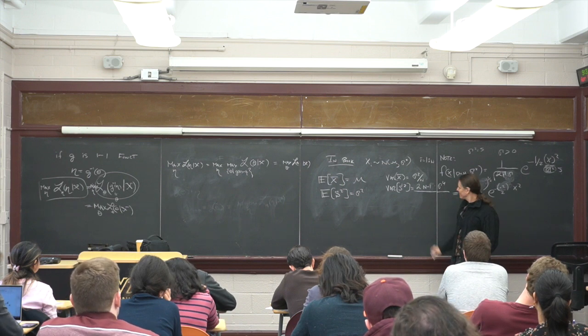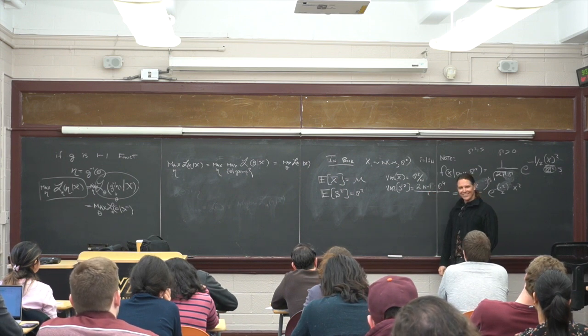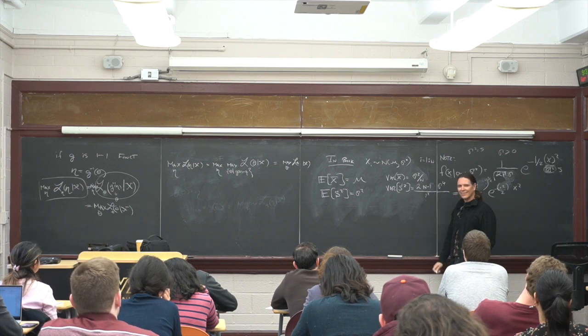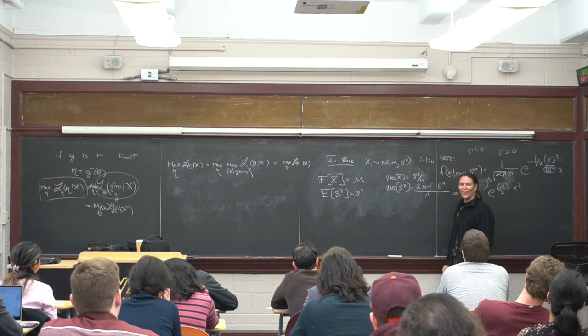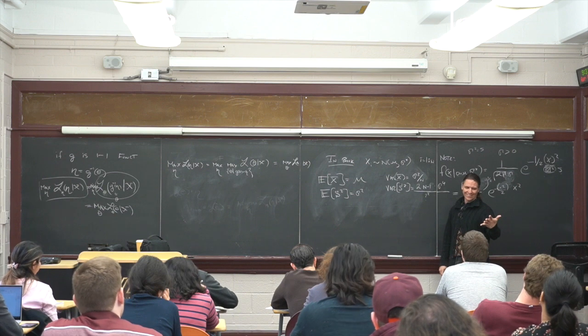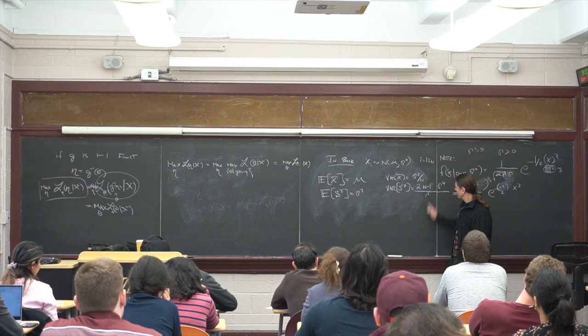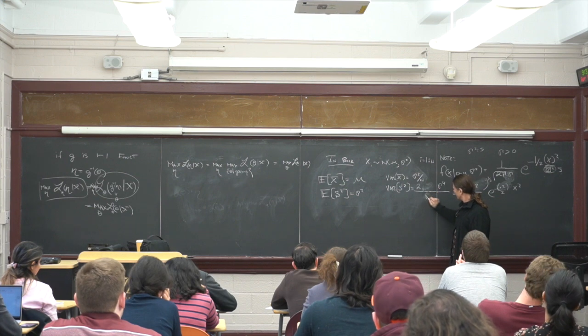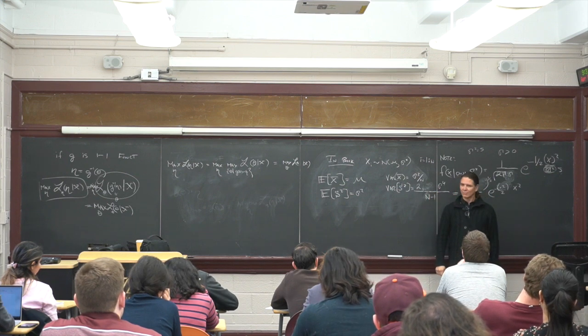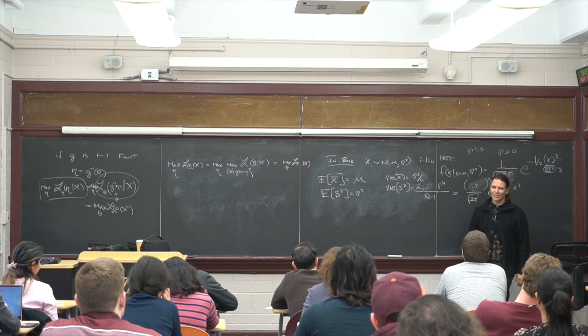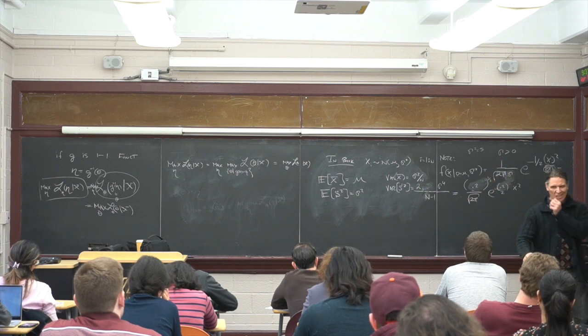Is it squared, do you think? 2 sigma to the 4 over n minus 1. I want to say it's squared. You want the whole thing squared? Yeah, the whole thing. That's the answer.